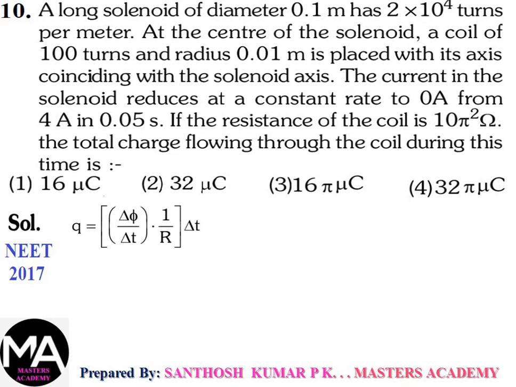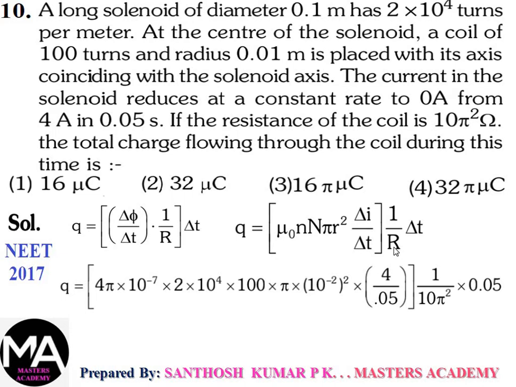Now, the charge flowing is given by charge Q is equal to delta phi by delta t into 1 by R into delta t. Therefore, in case of a solenoid, it becomes Q is equal to mu naught n into N pi r square into delta I by delta t into 1 by R into delta t. So, on substituting, mu naught 4 pi into 10 raised to minus 7, n is 2 into 10 to the power of 4 turns, capital N is nothing but 100 turns.